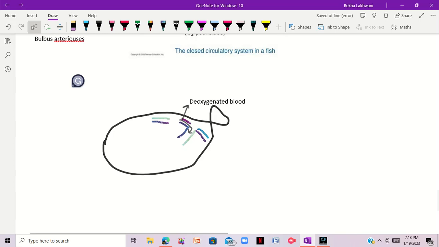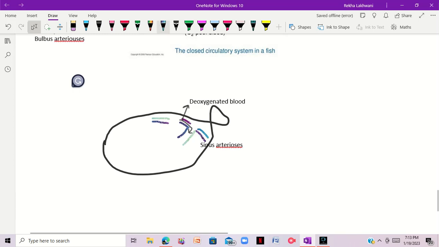And it is entering through the vein. As we know that a vein carries deoxygenated blood, so this vein is carrying the deoxygenated blood and it is coming to the sinus venosus.